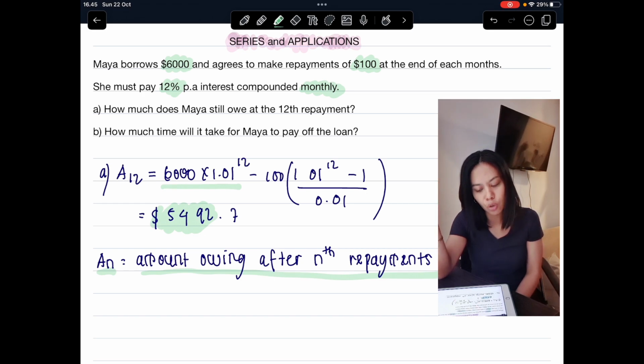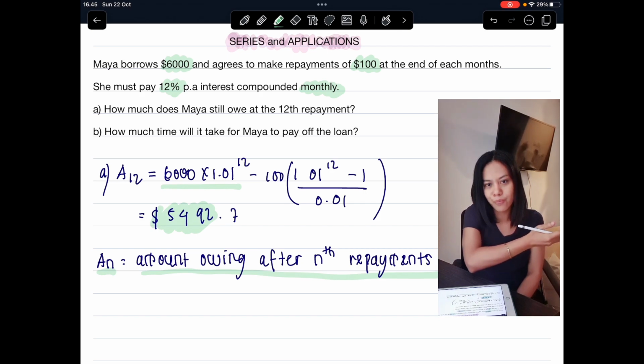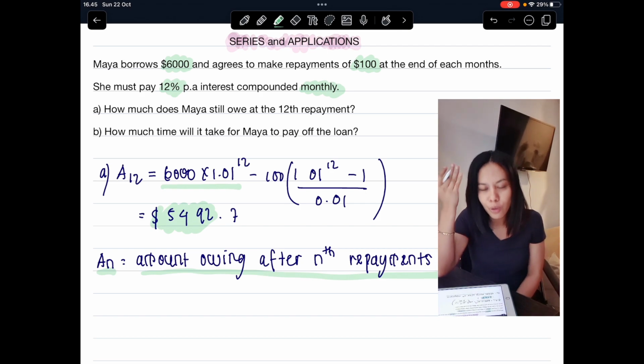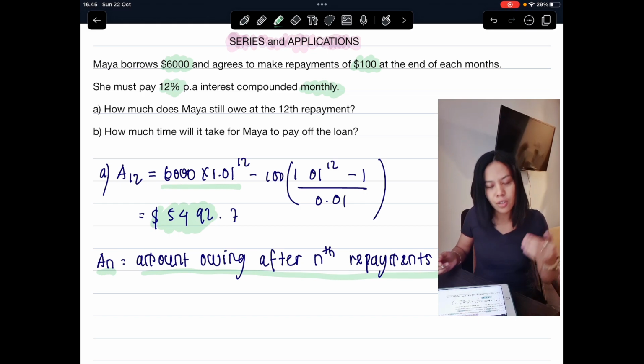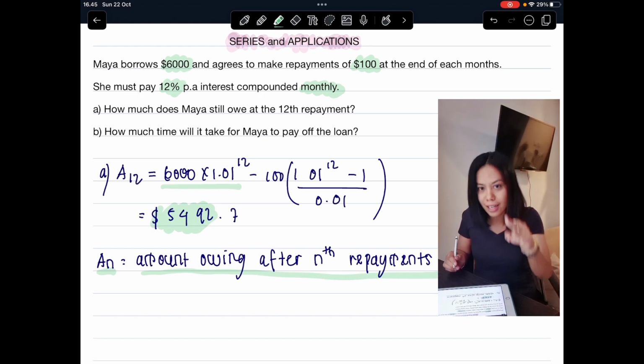So the amount owing after the nth repayment is going to be 0, and we want to know what n is. Until how many n will the amount she's owing be 0? So An needs to be 0, and then we need to find n.